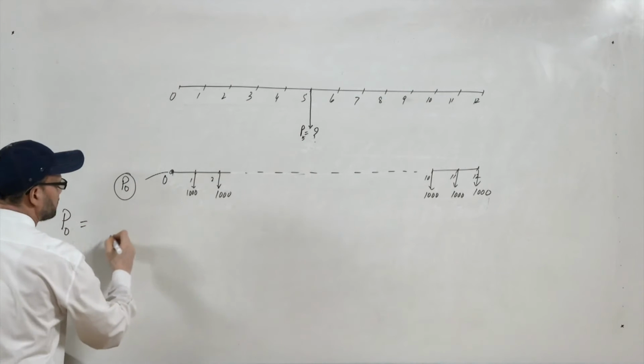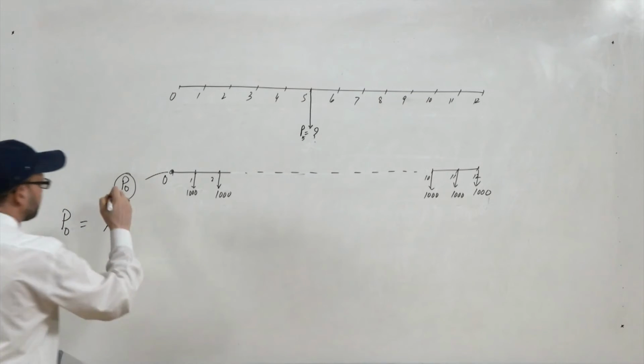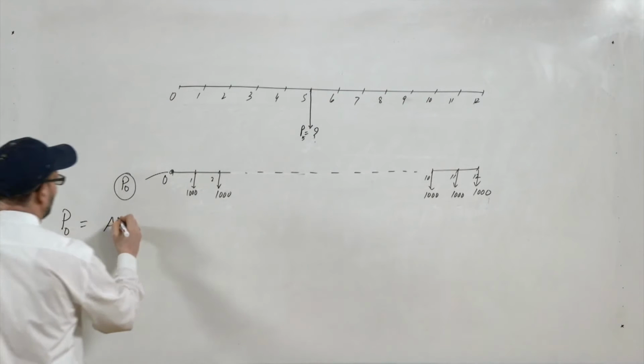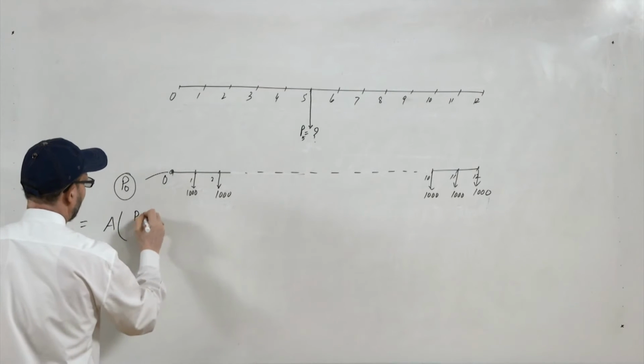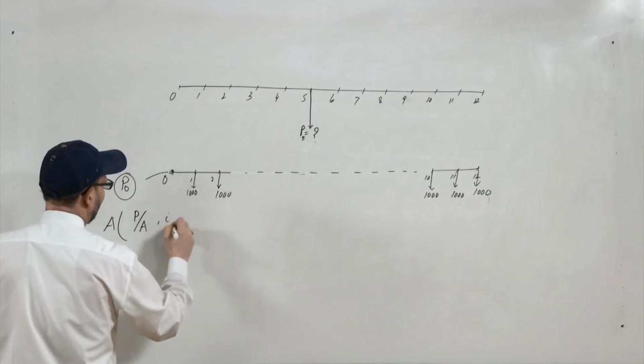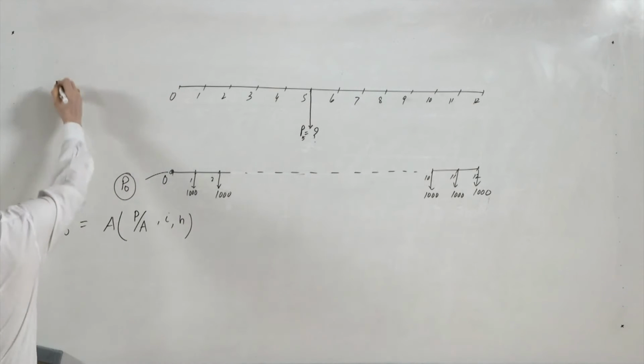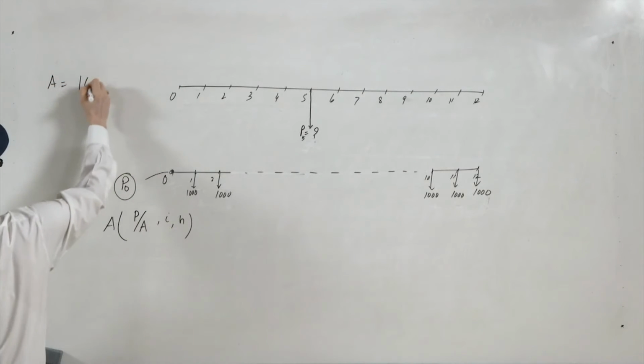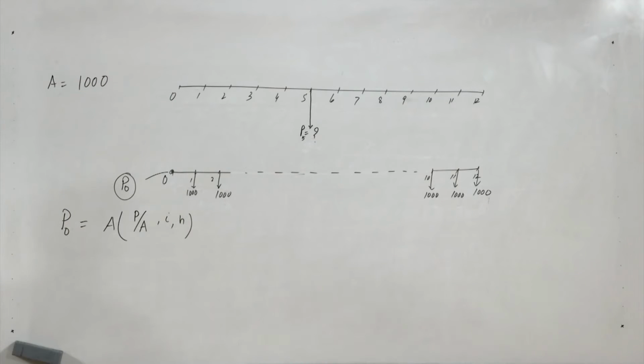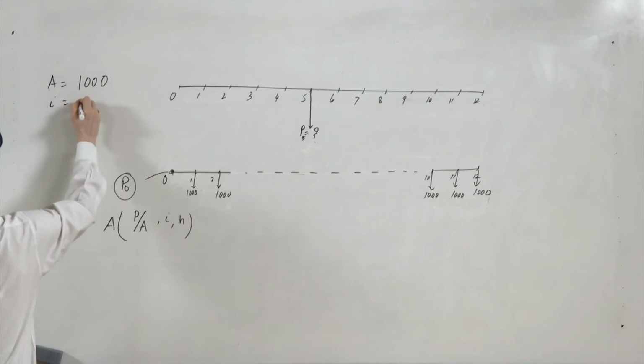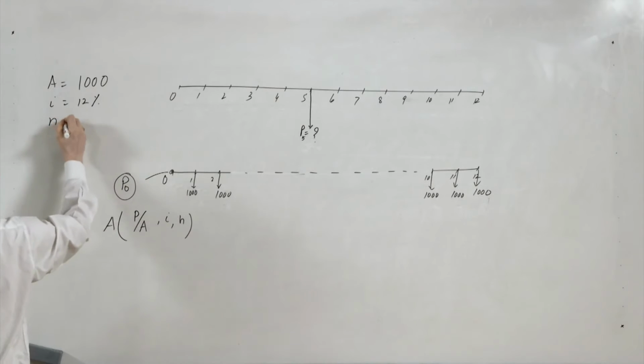P0 will be nothing but A times P by A i n. A is given as 1000, i is 12%, n is 12.